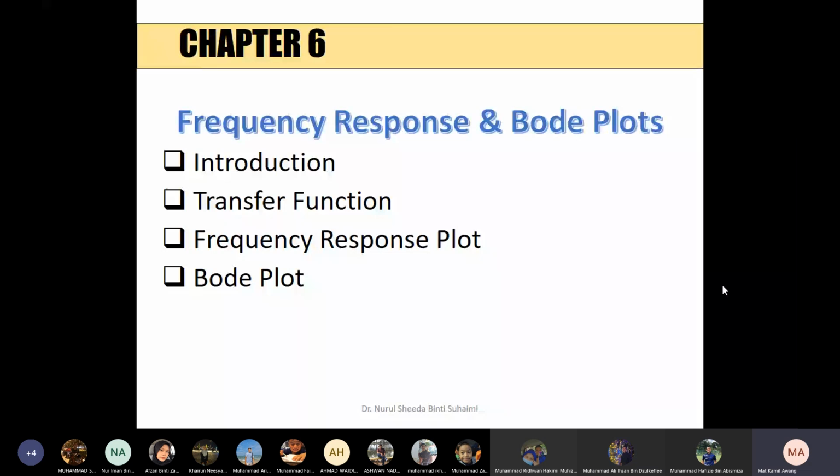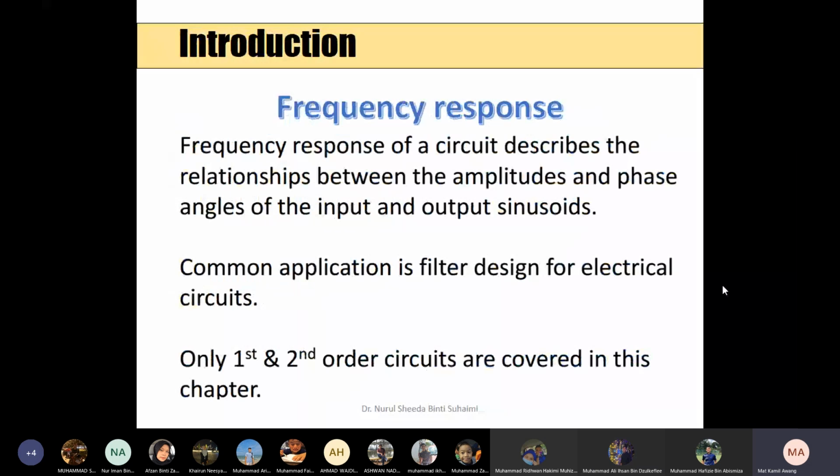What is the frequency response? Frequency response of a circuit, basically, describes the relationship between the amplitude and phase angle of the input and output sinusoids. So basically that is the response of a circuit with regards to the input and output. The signal that's going in and the signal that's going out. So what is the response?